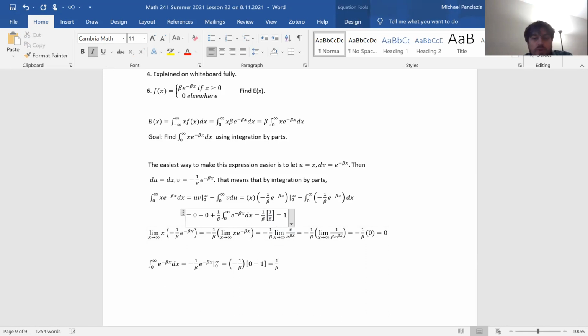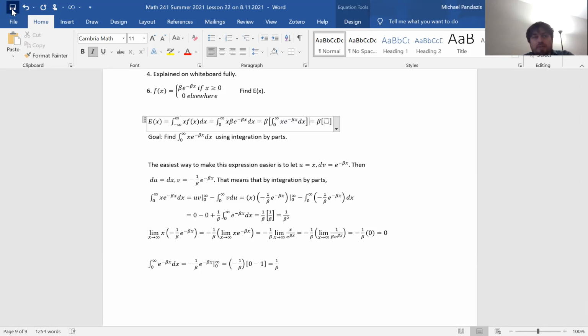We got lots of betas, 1 over betas and betas. So you have 1 over beta squared. This integral is 1 over beta squared. I'm going to put a bracket here so you can see that the bracket represents the value of that.